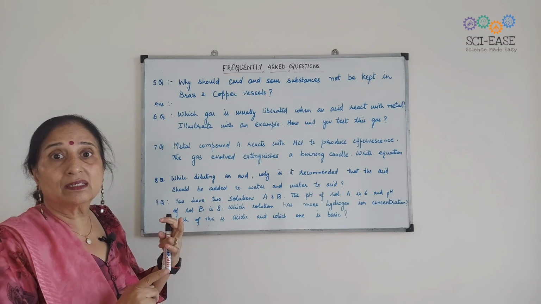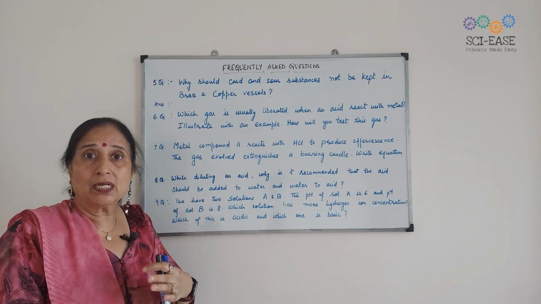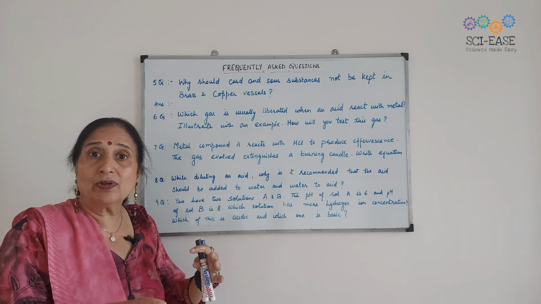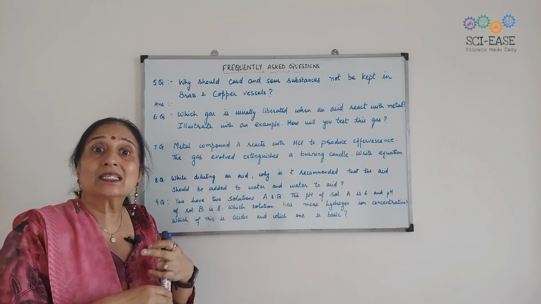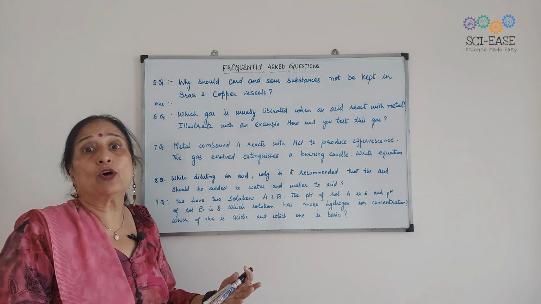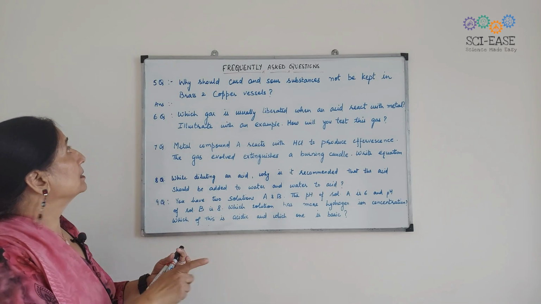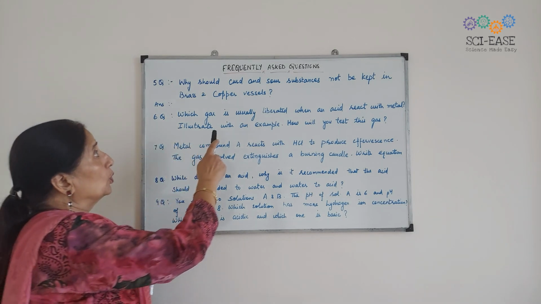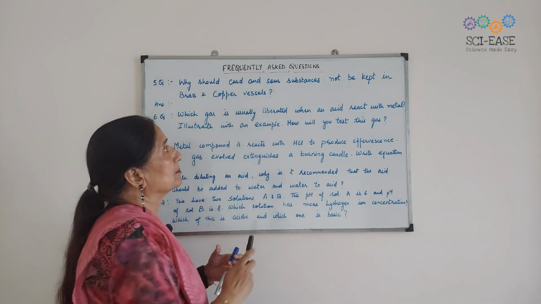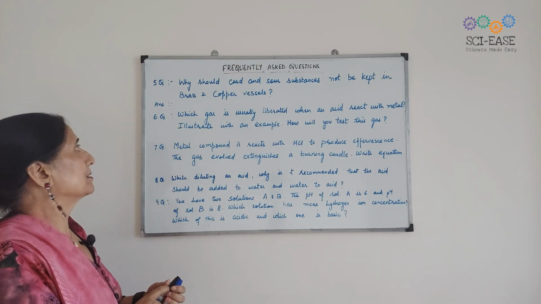Some toxic compounds will be formed, which is not good for our health, and food can also be spoiled. So we shouldn't store curd or sour substances in brass or copper vessels.